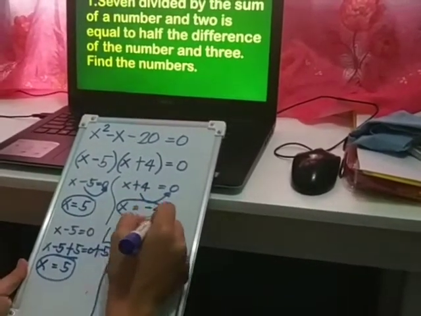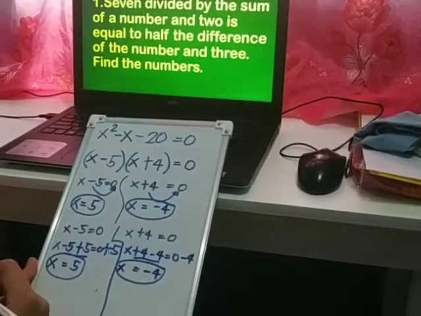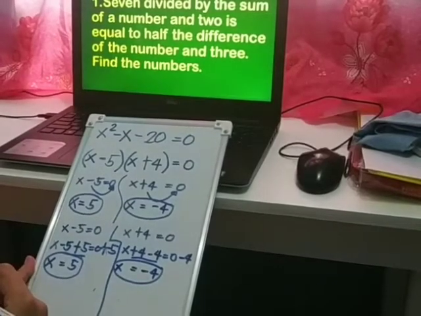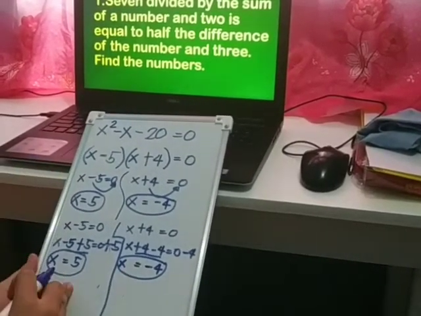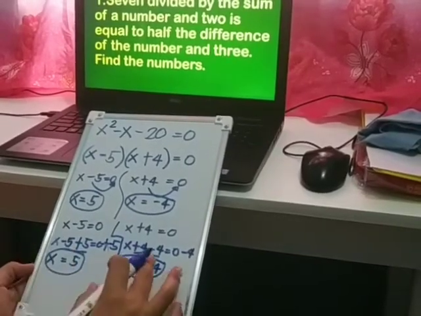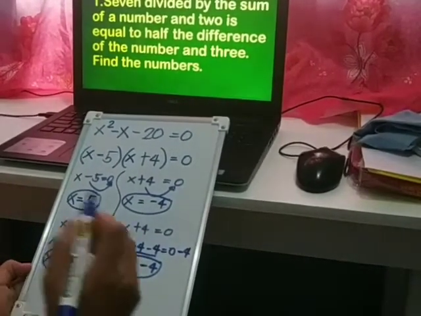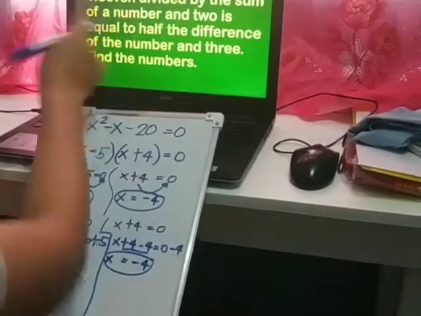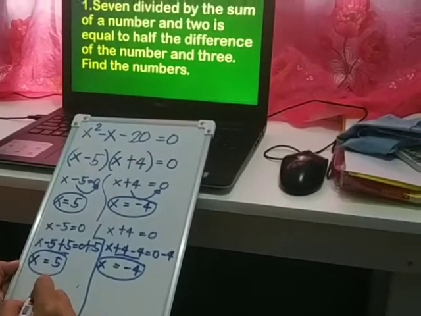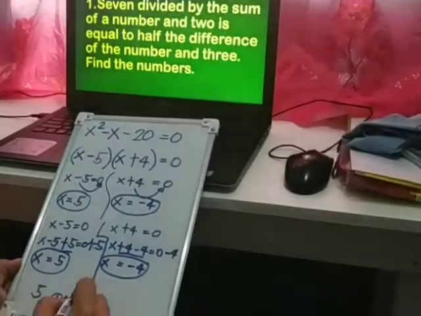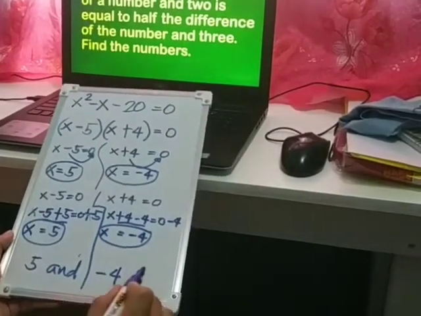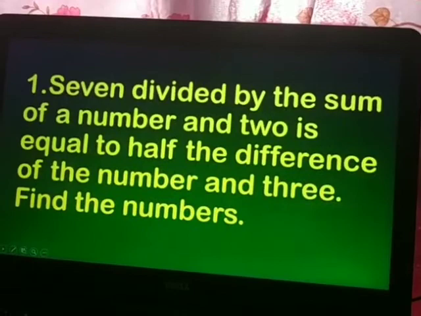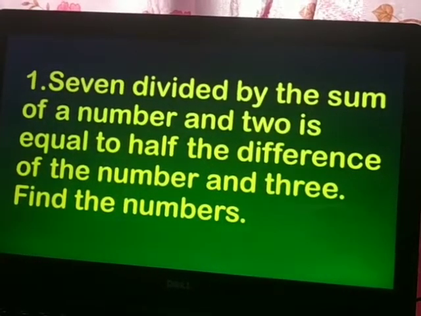Get the same answer. So it depends on you how you would solve it, using the transposition, the addition property of equality, or the subtraction property of equality. The answer is, find the numbers. That's 5 and negative 4. So the numbers are 5 and negative 4.